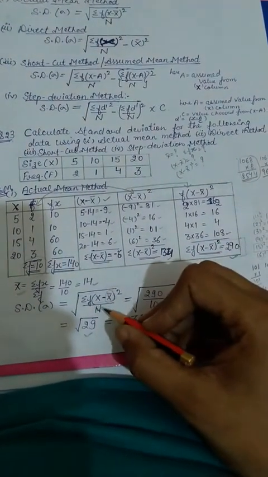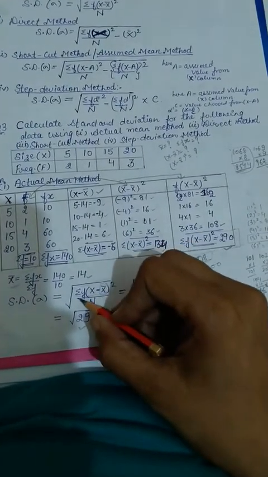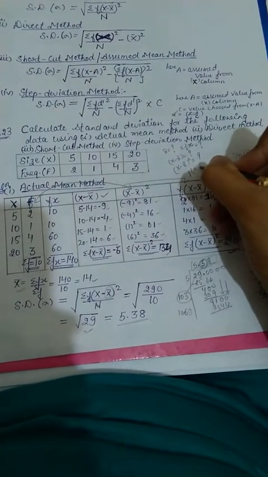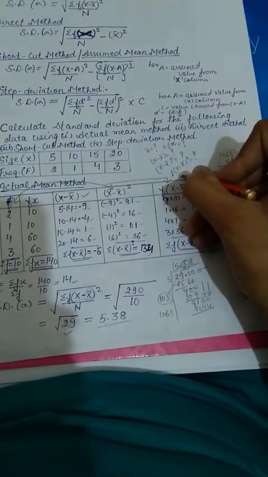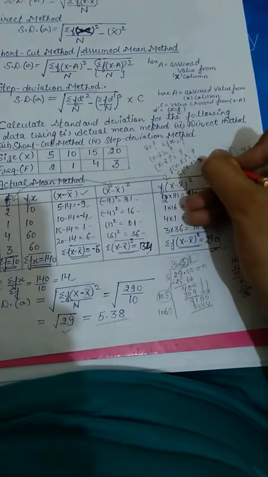And then you have to do the product of these squared values with f. This is your final column, that is f times (x minus x bar) whole square, and then you need sigma of f(x minus x bar) whole square.